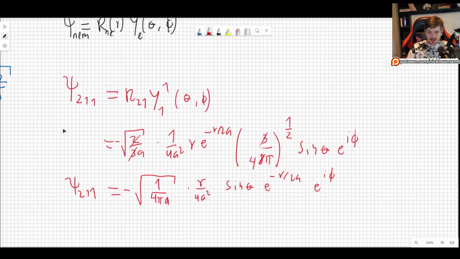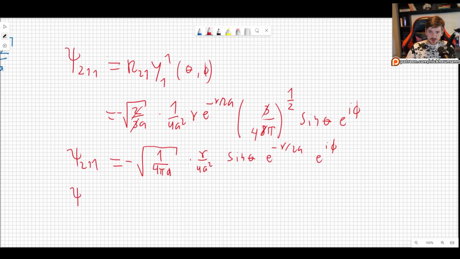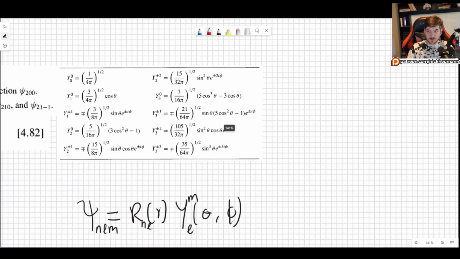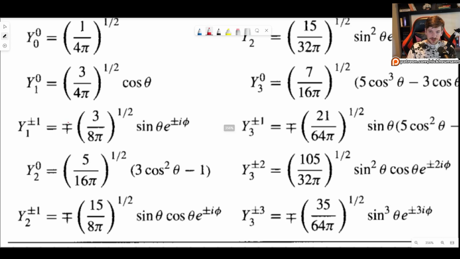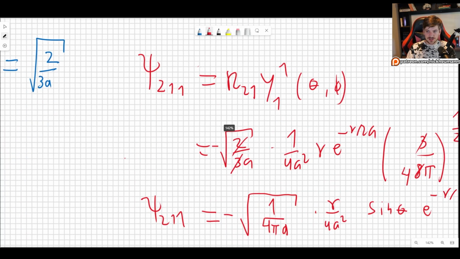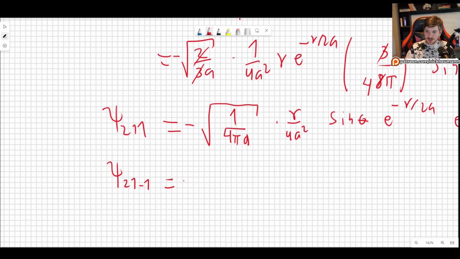Now, if we want to find psi 2, 1, minus 1, well, the only difference is the minus sign, right? The minus sign in front, it used to be minus, now it's plus. And the plus sign in the exponential, it used to be plus, now it's minus. So all we need to do is take this result and write plus 1 over the square root of 4 pi a.